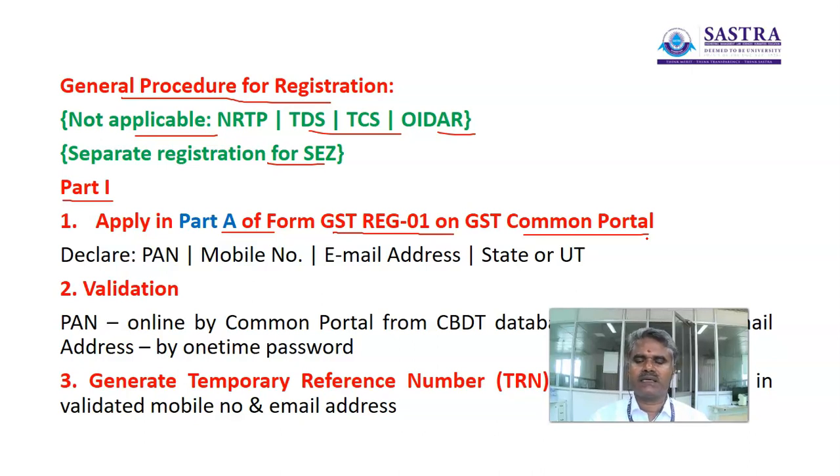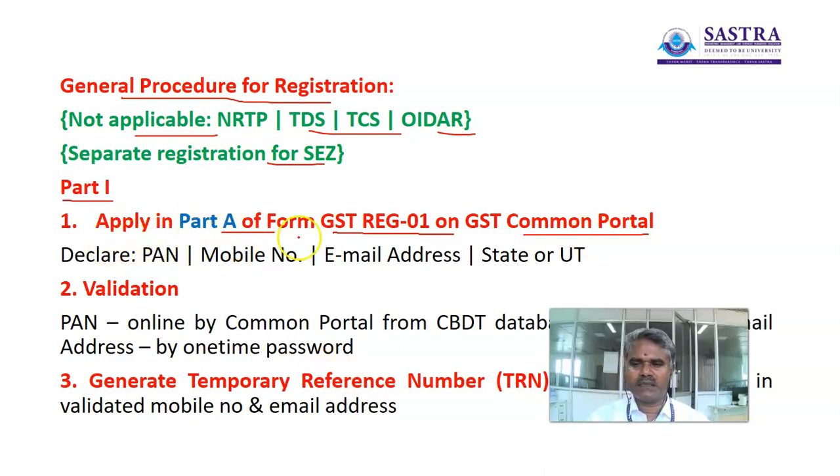Once you register your business, they will give one registration number. This consists of 15 digits, along with your PAN, your status, and which state you belong to. Everything is mentioned in the number. We'll discuss it later, one by one.